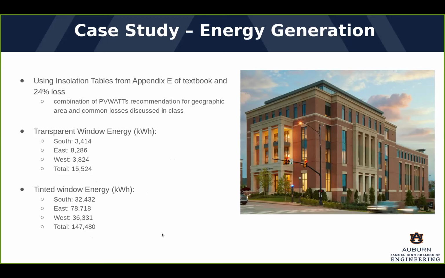And that goes back to what was shown earlier with the efficiency of the transparent window being about 1%, and we used 9.5% for the tinted because that's right in that 7 to 12% efficiency that the other studies were citing.